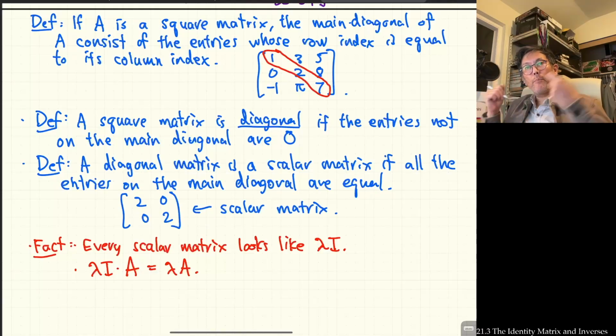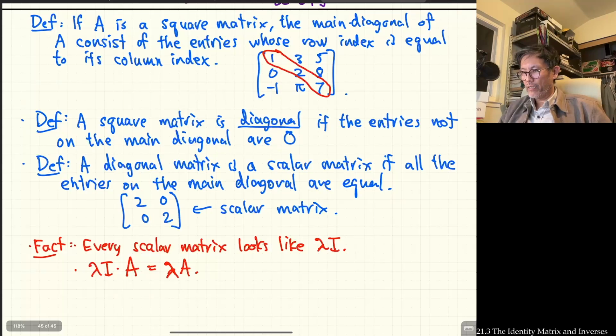So the result of multiplying any matrix by a scalar matrix is to just multiply that matrix by that scalar, which we're going to call lambda for reasons. Okay?